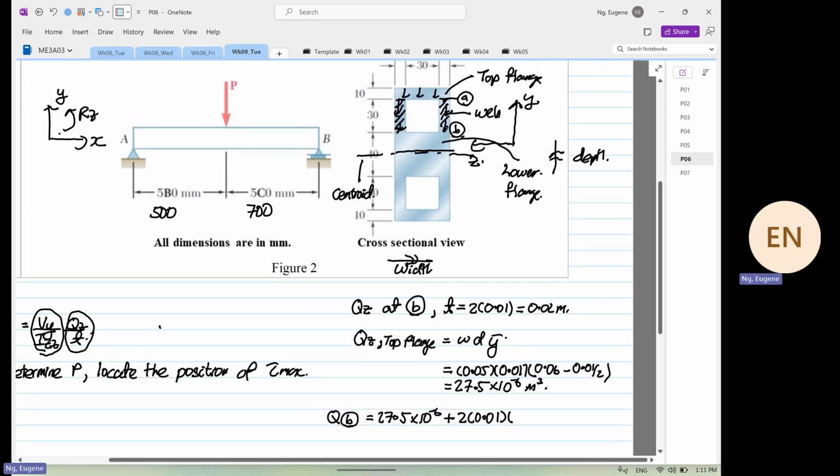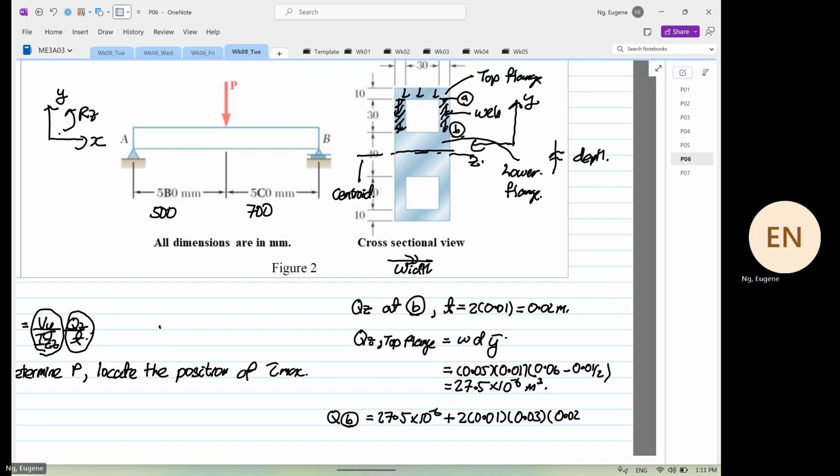That's our width. Our depth now is 0.03. Our Y bar now, we have to be careful, is 0.02 plus 0.03 divided by 2.